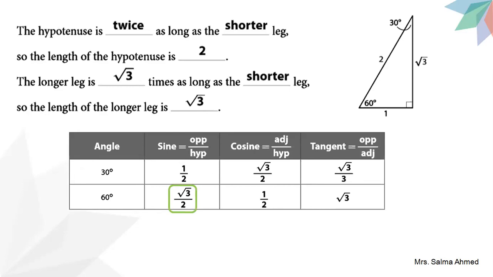So you will find that sine 60 gives the same answer as cosine 30, and sine 30 gives the same answer as cosine 60. If you divide each one of these, you can find the tan. So tan 30 is half divided by root 3 over 2, and tan 60 is root 3 over 2 divided by half.